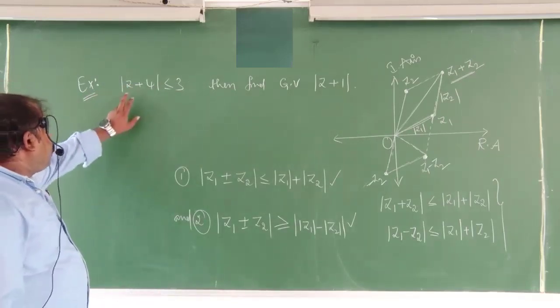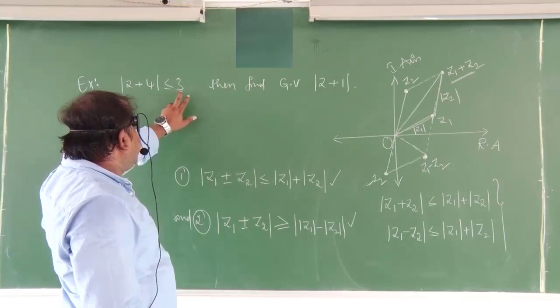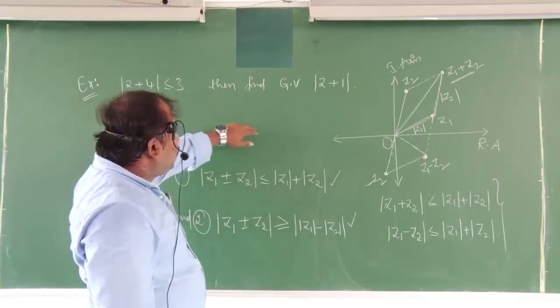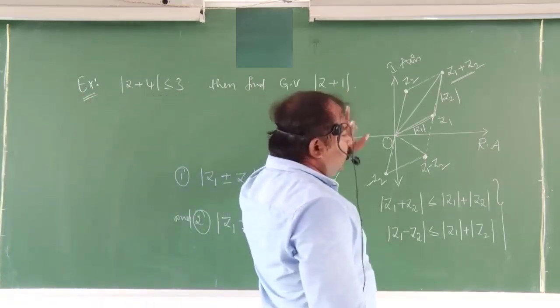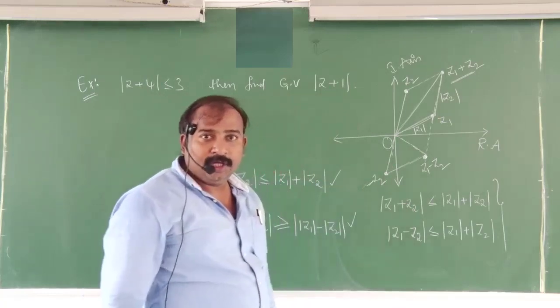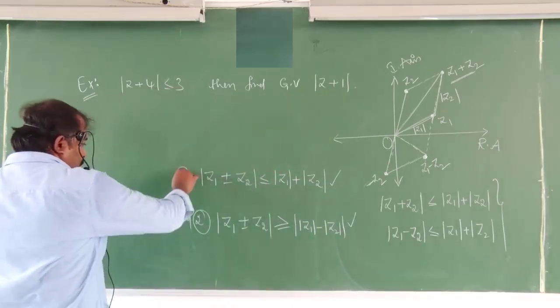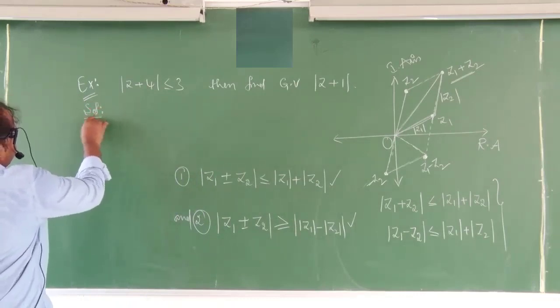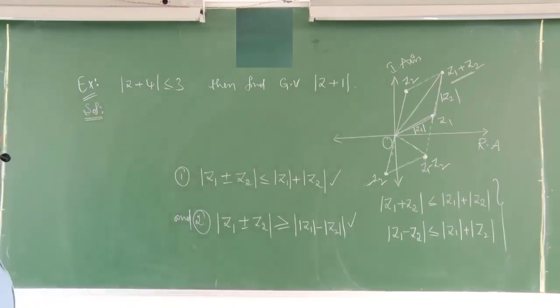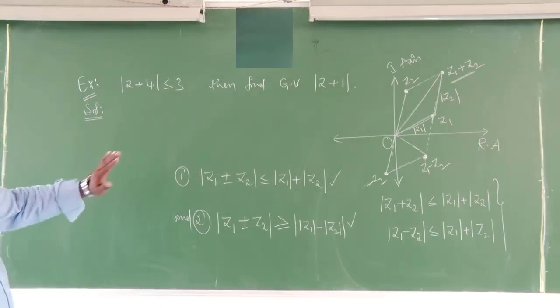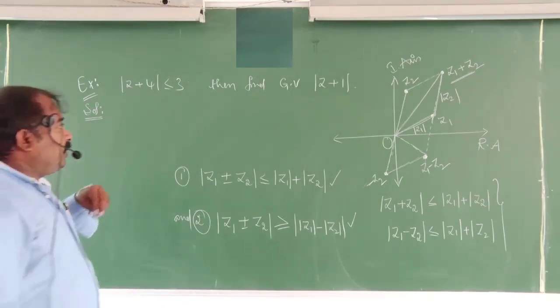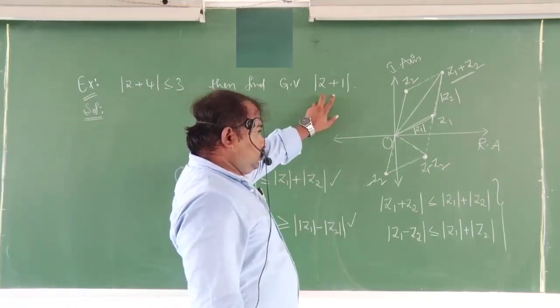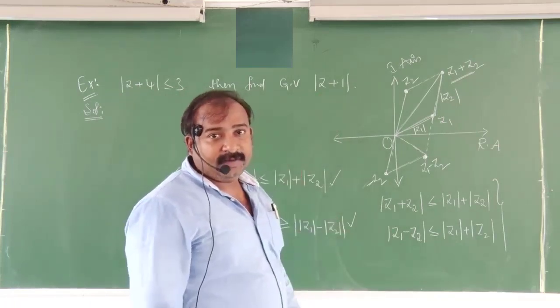If modulus of Z plus 4 is less than or equal to 3, then find the greatest value of modulus of Z plus 1. Here, based on these two points, listen all of you. By data, they have already given modulus of Z plus 4 less than or equal to 3. Our aim is to find the greatest value of modulus of Z plus 1.